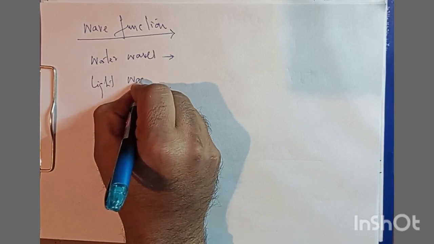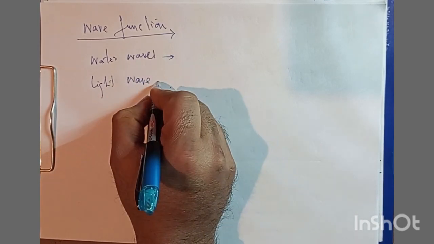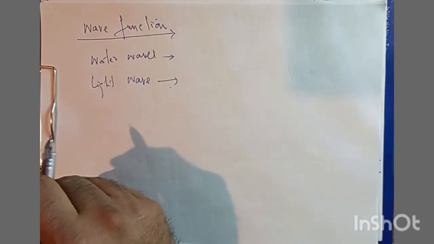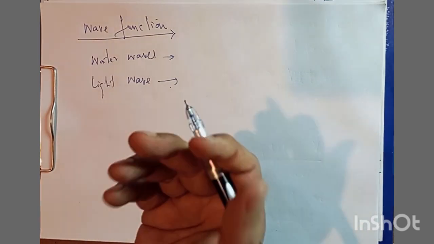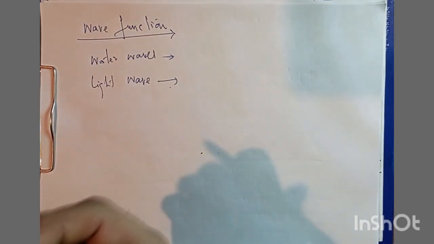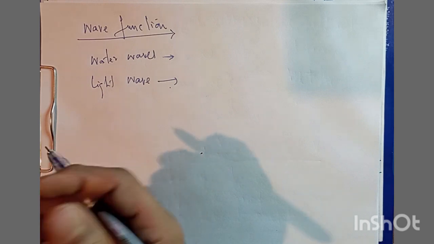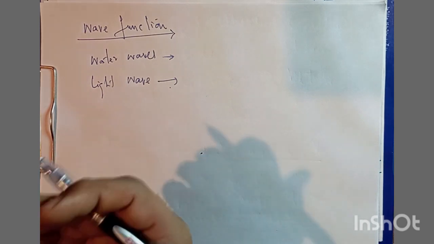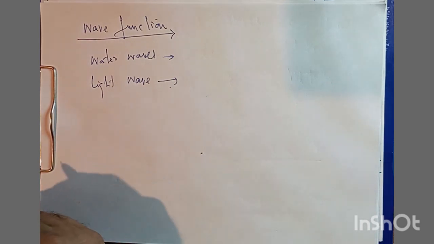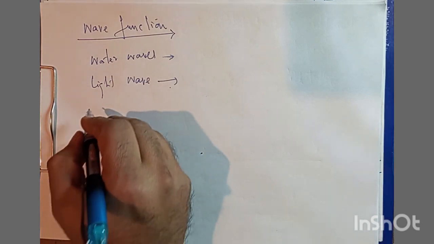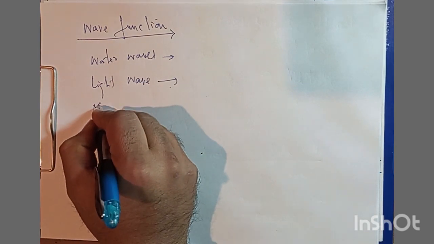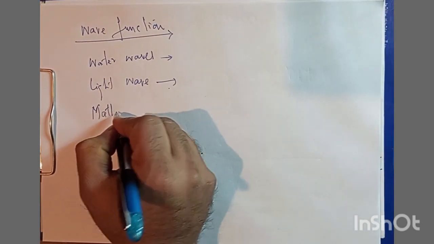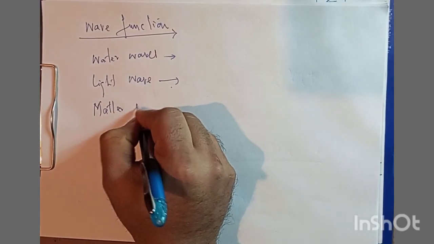Light is a wave, and it has electric and magnetic fields associated with it, and these electric and magnetic fields vary with time. And then talking about matter here, like matter waves.